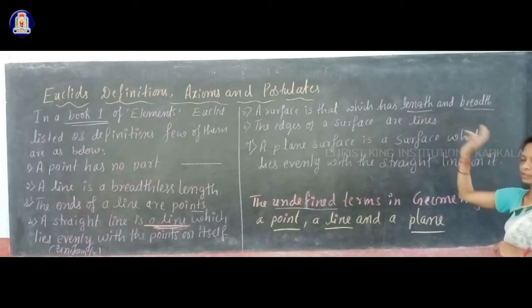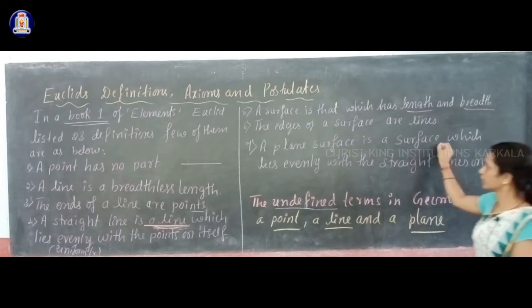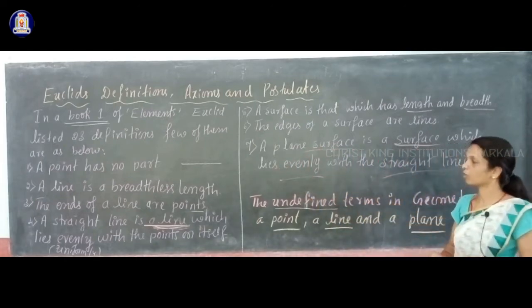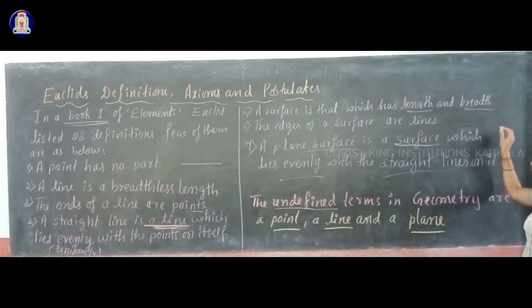Then a plane surface is a surface which lies evenly with the straight lines on itself. For example, you take this as one plane surface. On that surface you have many straight lines, infinitely many straight lines.